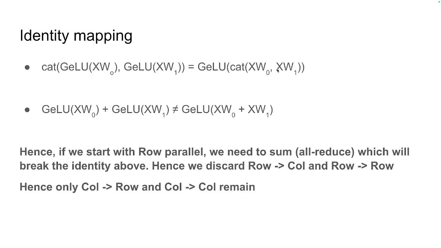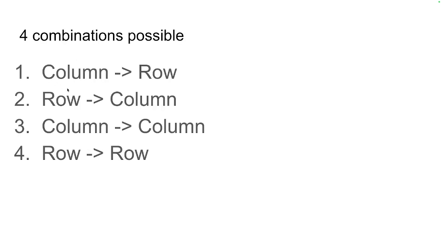It's actually correct at the starting for numerical correctness, and row parallel can be second. Hence if you start with row parallel, we need to do a sum or reduce, and we need to incur a communication overhead there, because we cannot take those two matrices separately, take GELU and then add them back. It's not going to be correct. So out of our four combinations, we can only do column then row, and column then column.